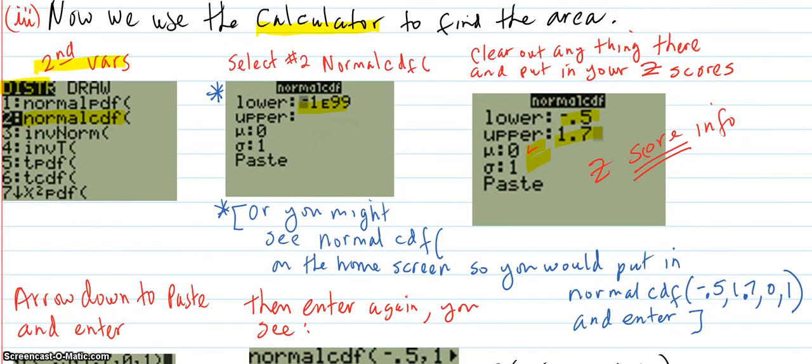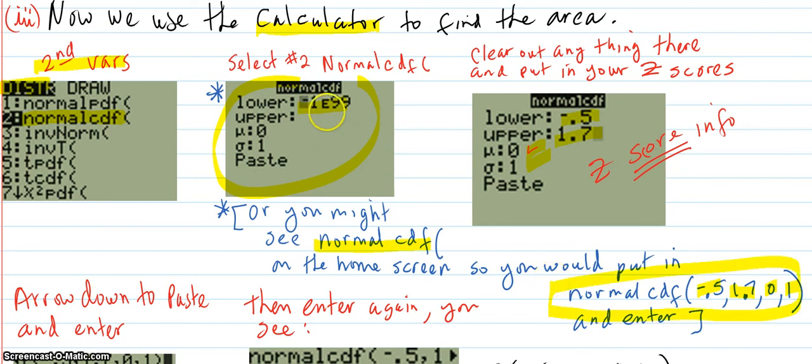Okay, now note, depending on what calculator you have, you might not actually see this screen. You might see on the home screen normal CDF with a parenthesis waiting for you to put something in. So you are going to put in negative 0.5, 1.7, 0, 1 for mean of 0 and a standard deviation of 1 in the z-score, and you're going to enter.